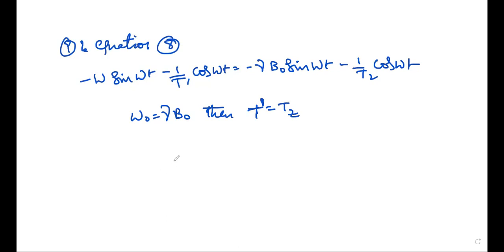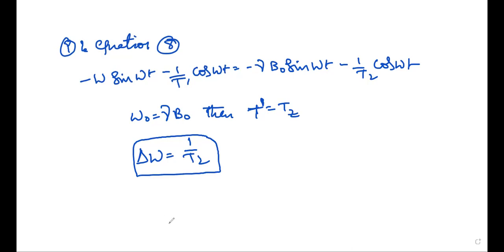So here omega naught is equal to gamma B0, the frequency width of the response of the system to the driving field. The width of this frequency, which is equal to 1 by T2, is the change in frequency.